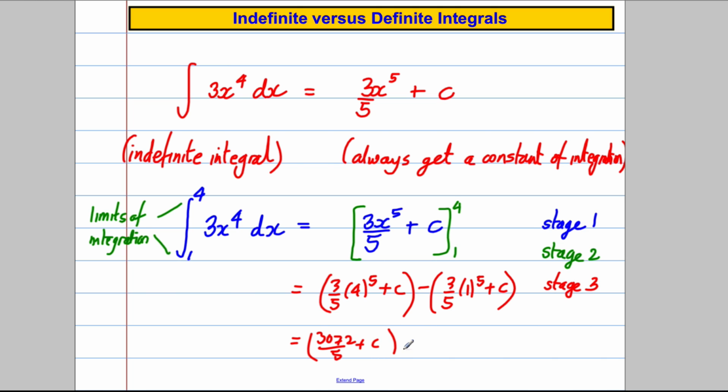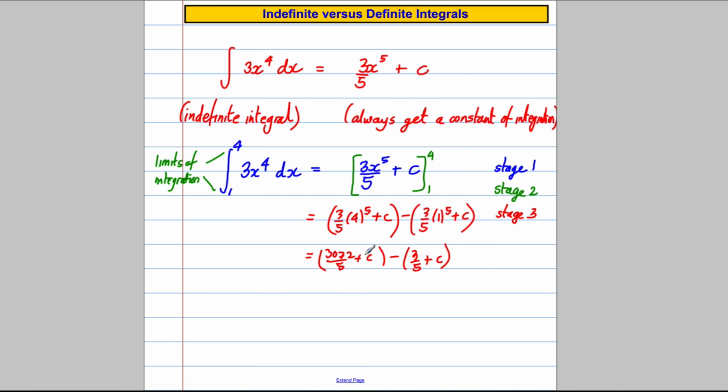And here you would clearly get, take away, 3/5 plus c. Now, can you see that the c, subtract the c, is going to go, and you're going to get the answer 3072 over 5, take away 3/5, which gives you the answer 3069 over 5.